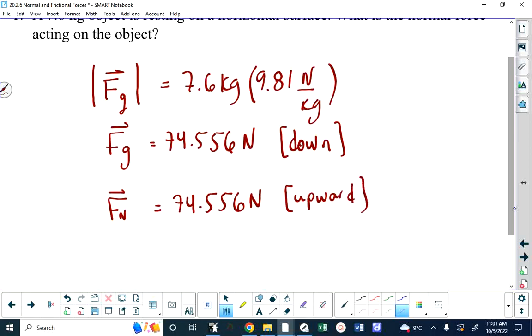Aoki? Why? Okay, so Aoki answered by saying because the normal force is equal but opposite to the force of gravity. Why? Okay, so because the normal force is opposite to the force of gravity, why are they equal in magnitude?